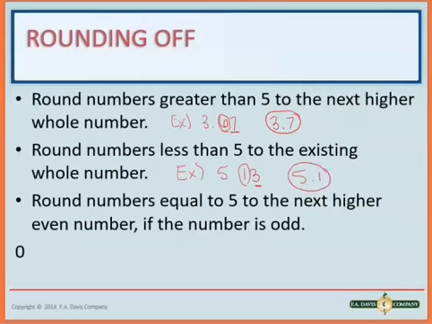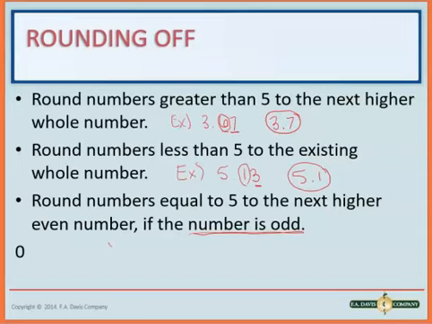The last and third rule that might be a little bit odd or different, or you may have not used before, but we use in the laboratory setting, is to round numbers equal to 5 to the next higher even number if the number is odd. Okay? And what does that mean?